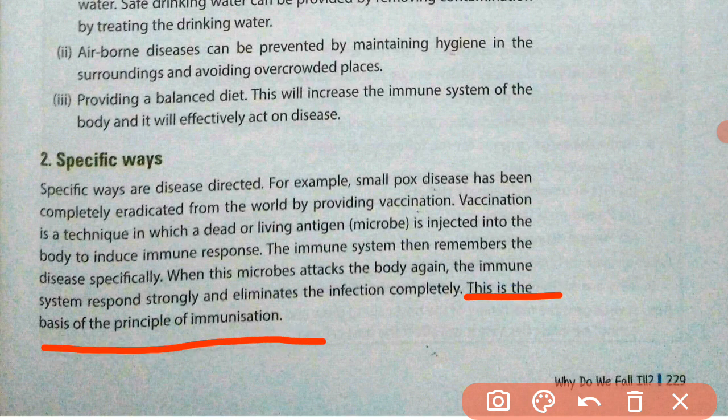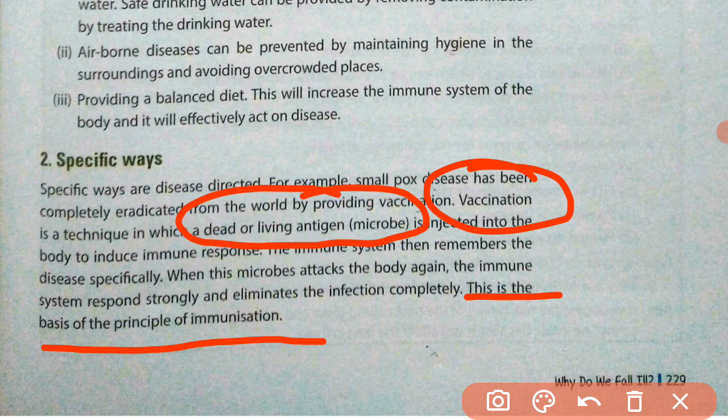In immunization, what do we do? We use vaccines. Vaccines are nothing but microorganisms which are found in dead or very weak condition.